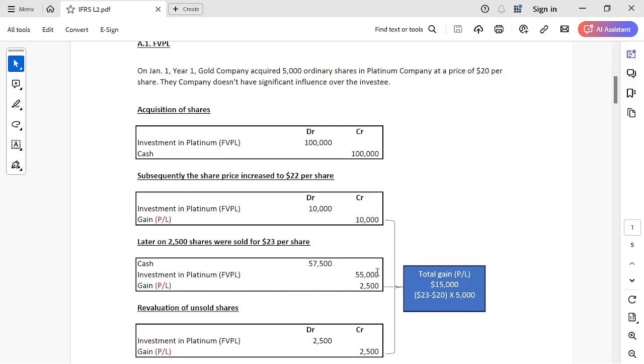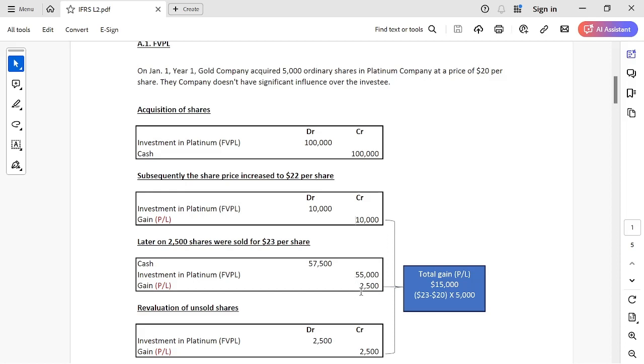How did we get this 55,000? It's the net book value on that date, which was 100,000 initial recognition and then a write-up of 10,000, so 110,000. This is for all 5,000 shares. We only sold 2,500, so half of that, so half of 110 is 55,000. This is the net book value since the last remeasurement.